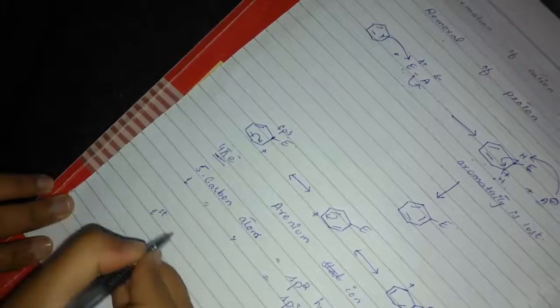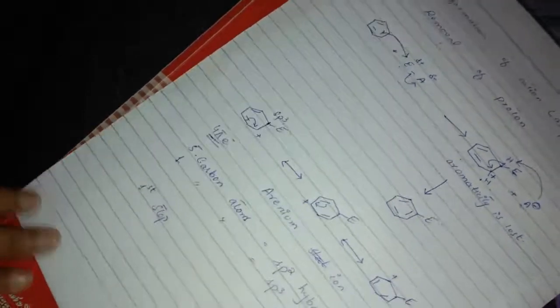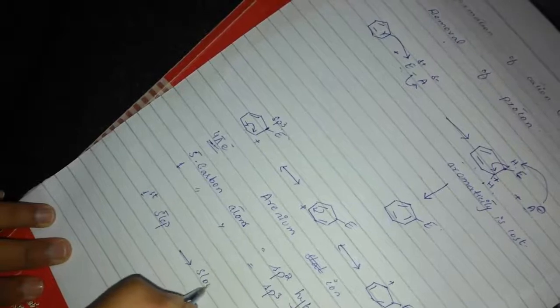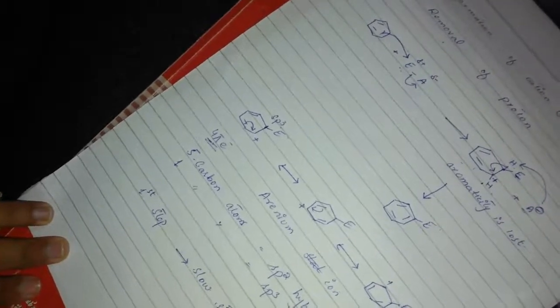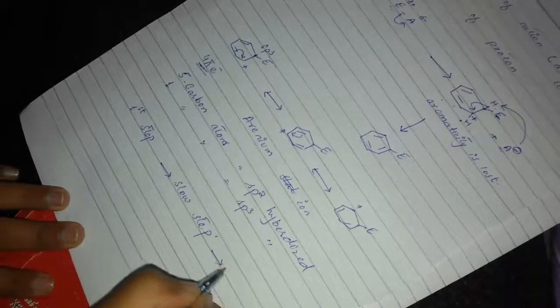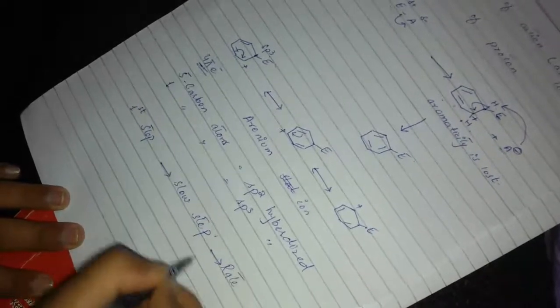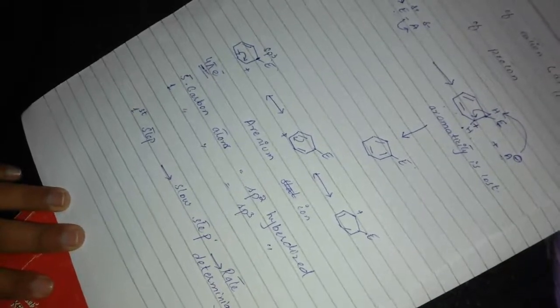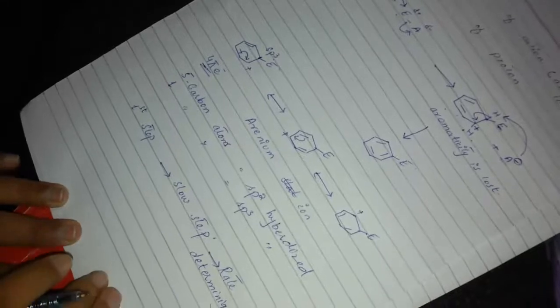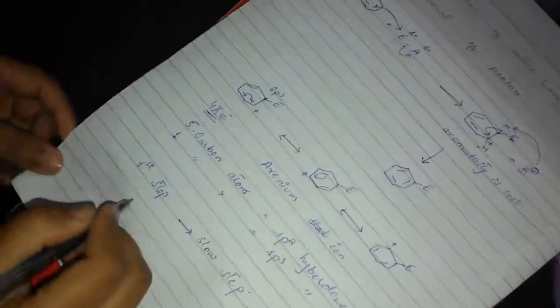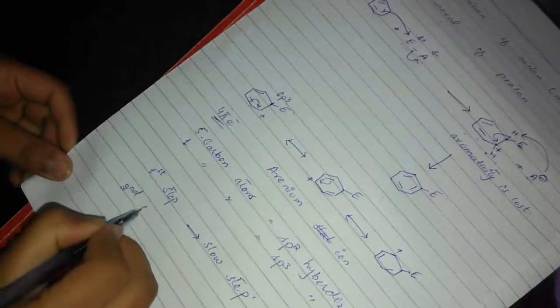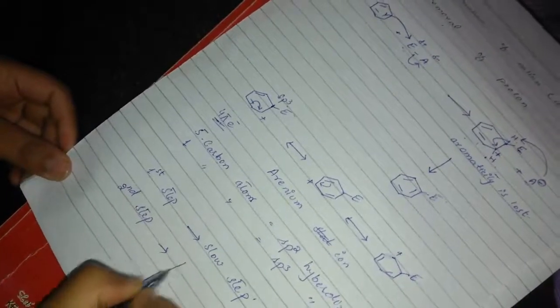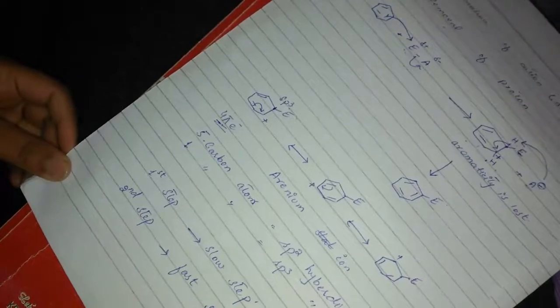And we said that the first step is a slow step, so it is the rate determining step, while the second step is a fast step, and it is highly exothermic.